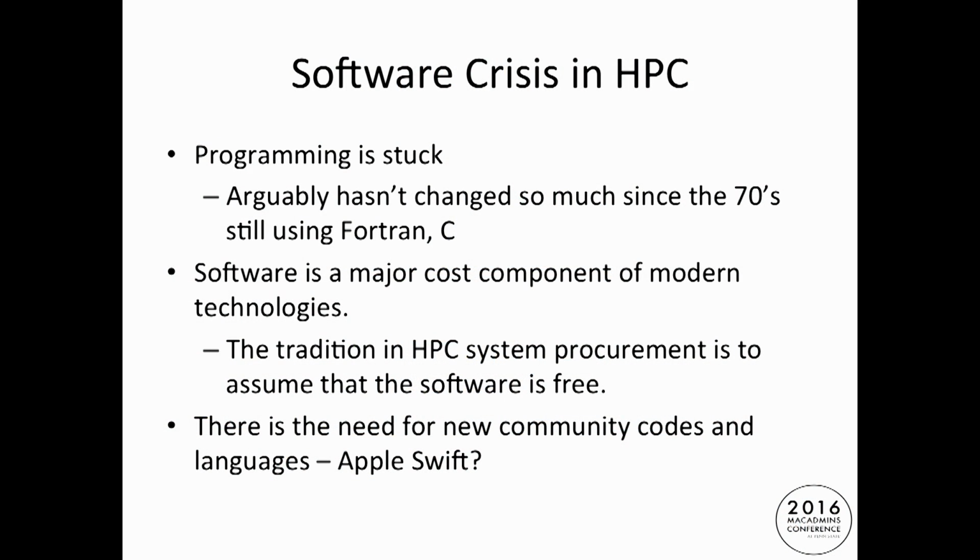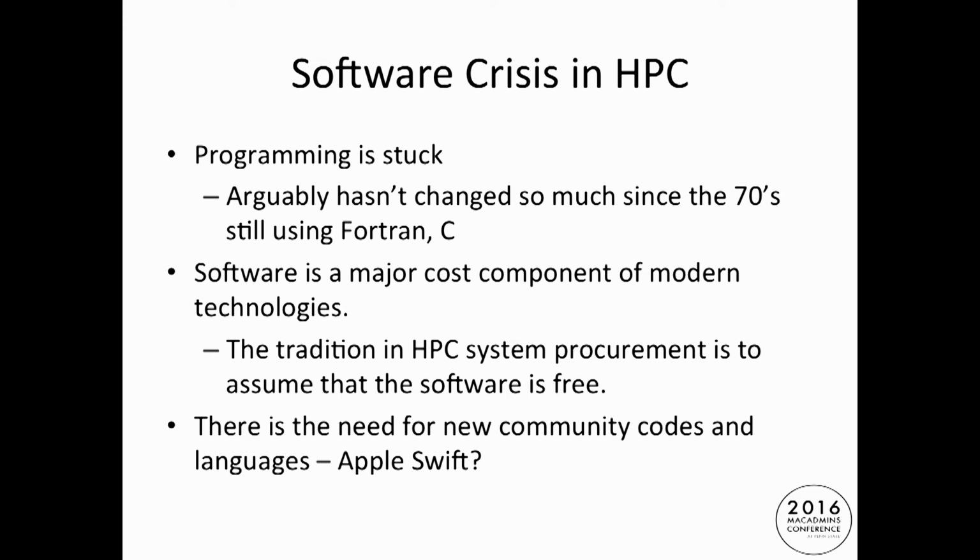So programming is stuck. If you take a look at most of the programs in high performance computing, database or weather reporting or anything like that, you're looking at really good, solid programming languages, Fortran, C. This is just like the brick outhouse.